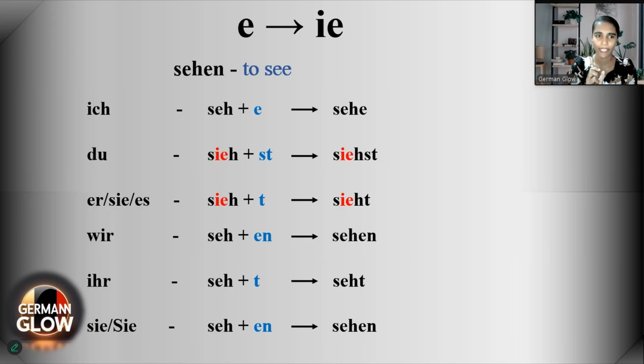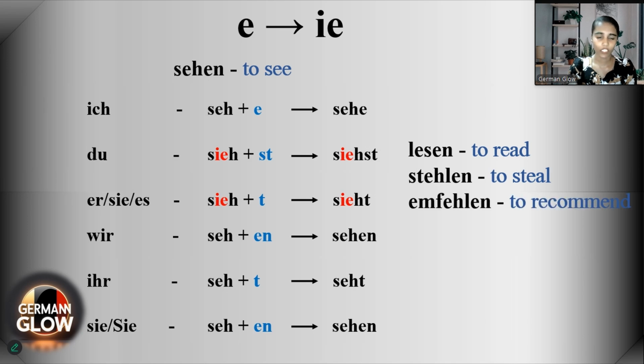Du, e changes to ie: sieh plus st, siehst. Er, sie, es: sieh plus t, sieht. Wir seh plus en, sehen. Ihr seh plus t, seht. Sie seh plus en, sehen. Another example, lesen, to read. Stehlen, to steal. Empfehlen, to recommend.